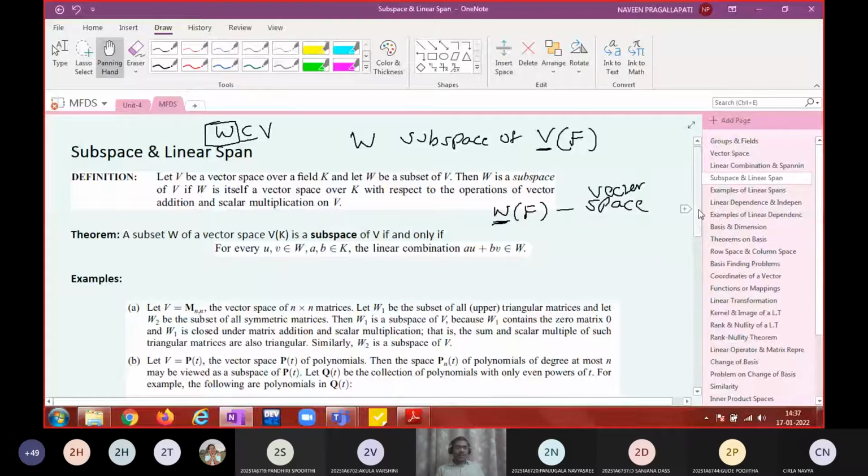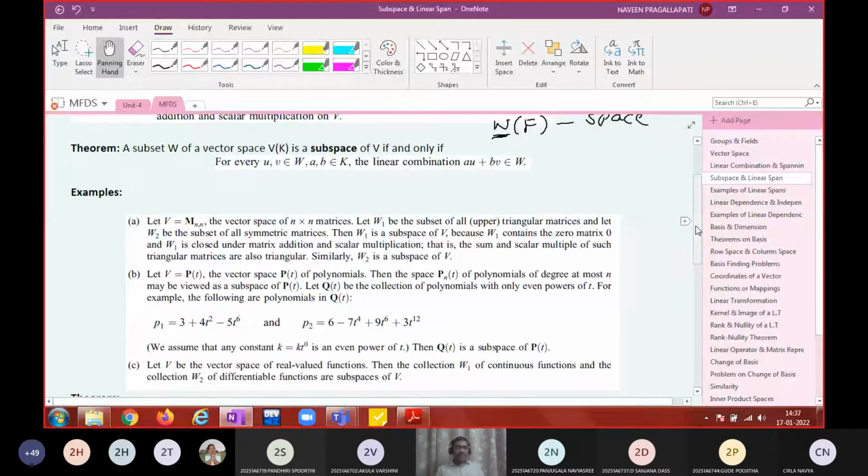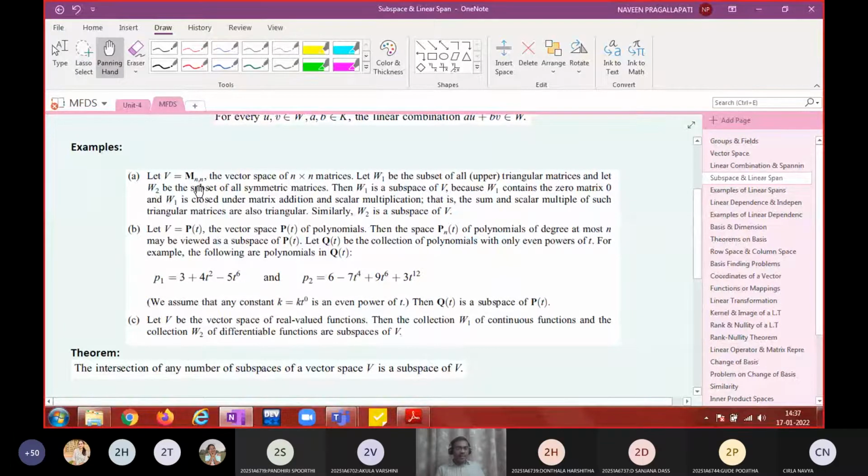Okay, some examples are given here. If you consider V as the vector space of all square matrices of order n, with respect to matrix addition and scalar multiplication over the field of real numbers, let us say the field is real numbers. Then consider W1, a subset which is the set of all triangular matrices; that itself is a vector space.